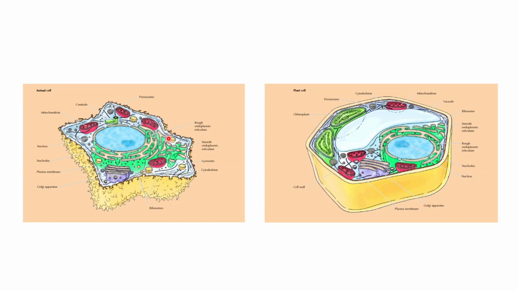You have your rough endoplasmic reticulum that has lots of ribosomes. Smooth endoplasmic reticulum, the lysosome, which as you all must have heard in school, they're called the suicide bags. So they're very important. They have a lot of enzymes in them that can destroy anything really in the cell that needs to be destroyed.